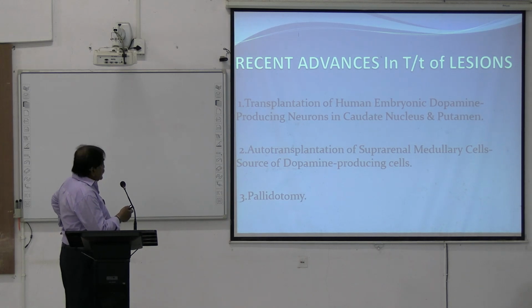And transplantation of human embryonic dopamine producing neurons in caudate nucleus and putamen. Autotransplantation of suprarenal medullary cells, source of dopamine producing cells. Pallidotomy.